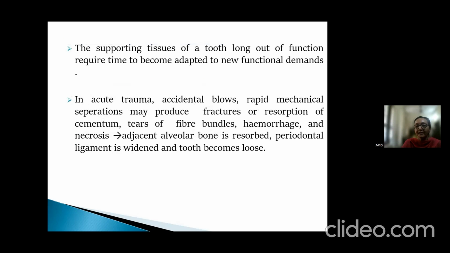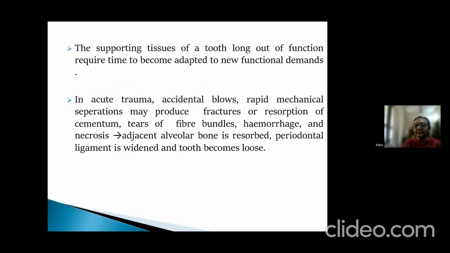Now, another clinical consideration is that when a tooth becomes out of function for a long period and is then adapted to a new function, it takes some time to get adapted to the new functional demand.